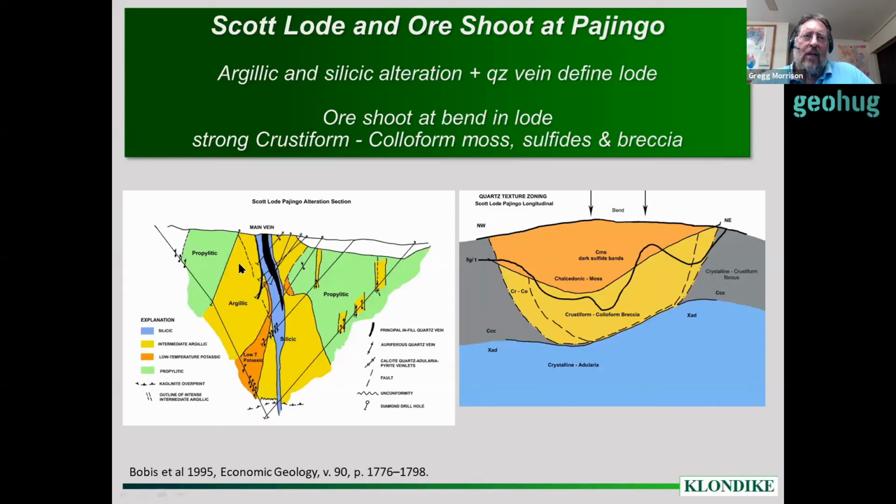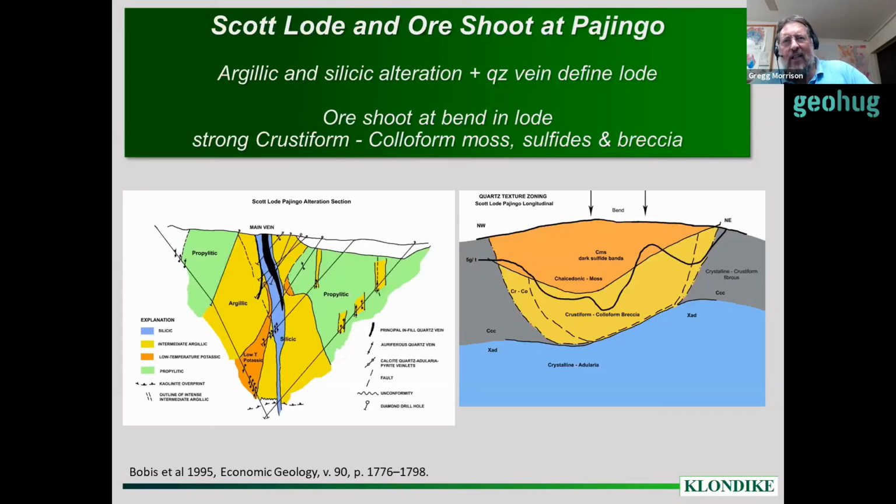So that's easy enough to understand, but when we looked at the textures along the whole lode and long section, we realized that the ore chute, the part that's worth mining, is where there's a bend in the overall structure rather than an intersection. It's essentially a curved structure.